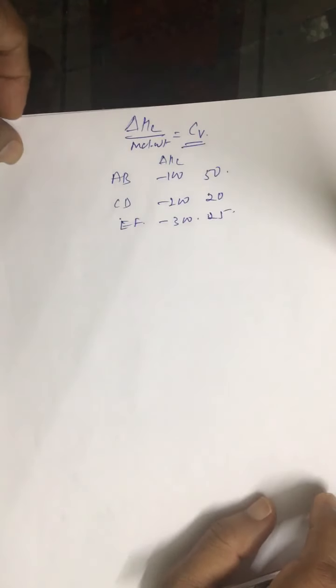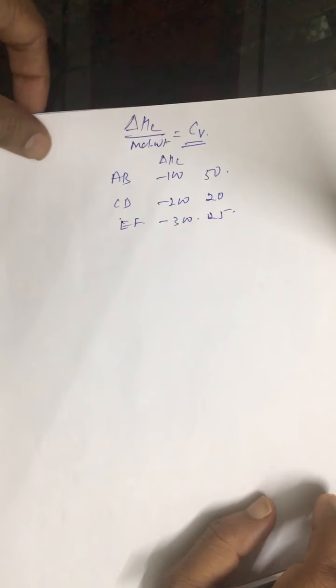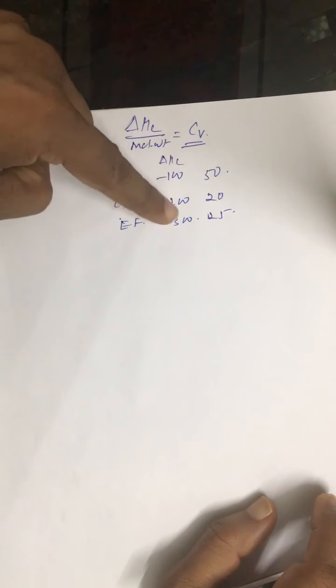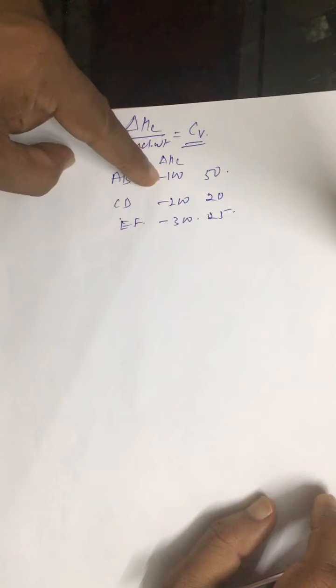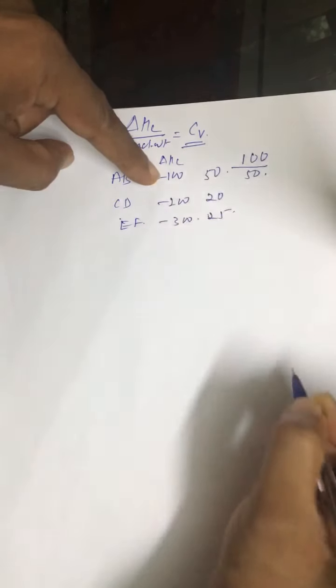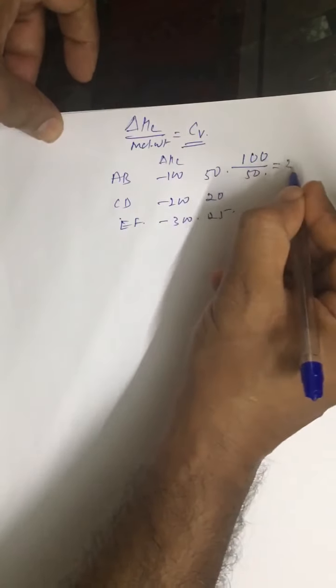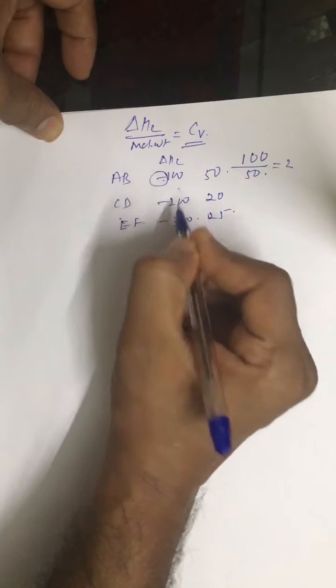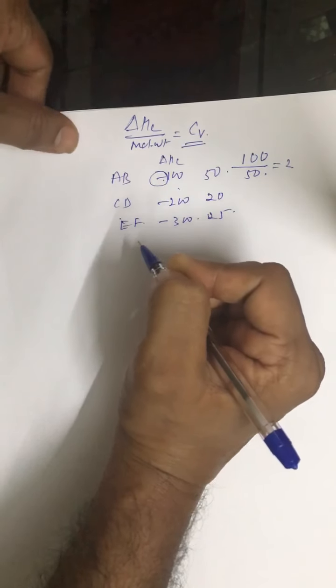You have to find out which one is the best fuel. On the basis of delta HC, you cannot find out the calorific value or which is the best fuel. What you have to do is divide this value by molar mass. The negative sign is simply to indicate that the process is exothermic.